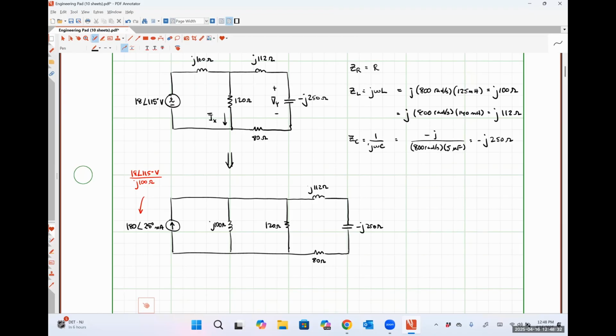And then 80 ohms down here for this resistance. Our quantity Ix is still just going to be the current flowing through that 120 ohm resistor. And the voltage Vy is still just going to be the voltage drop across the minus j250 ohm capacitance.